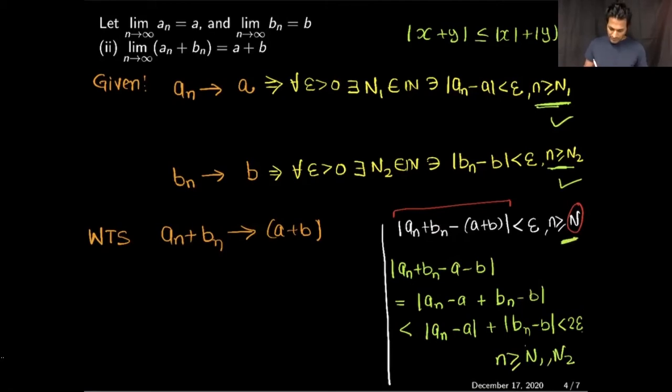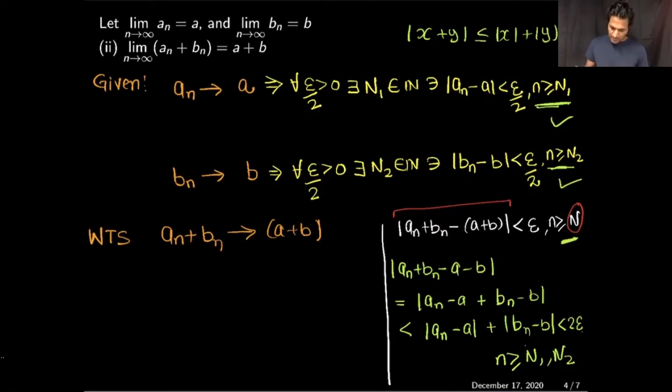So I'm going to make a little modification in my given term. Since this is given for all epsilon, it is also true for epsilon divided by 2, and that is also true for epsilon divided by 2. I can do that since the sequence an converges to a and this statement is true for all epsilon, so I choose my epsilon to be epsilon divided by 2.